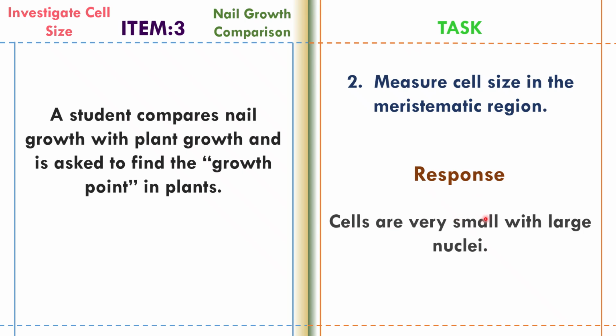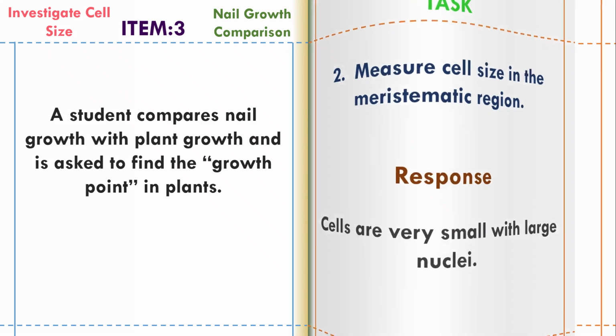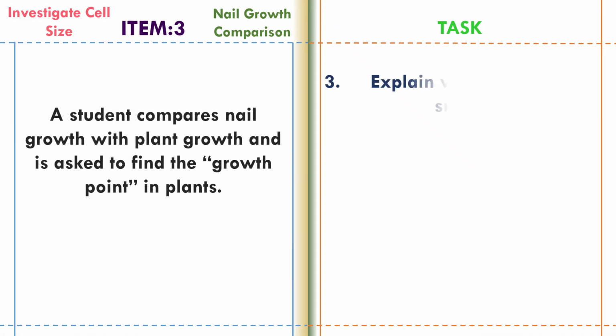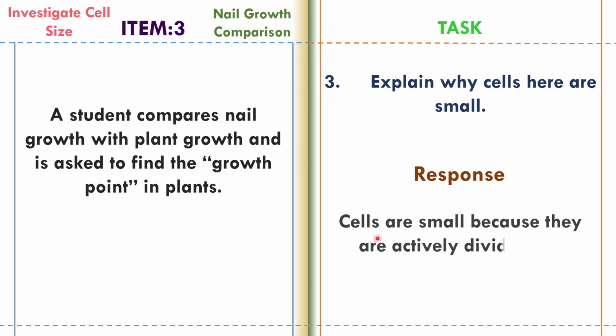The cells are very small with large nuclei. We have to explain why cells here are small. Cells are small because they are actively dividing by mitosis.